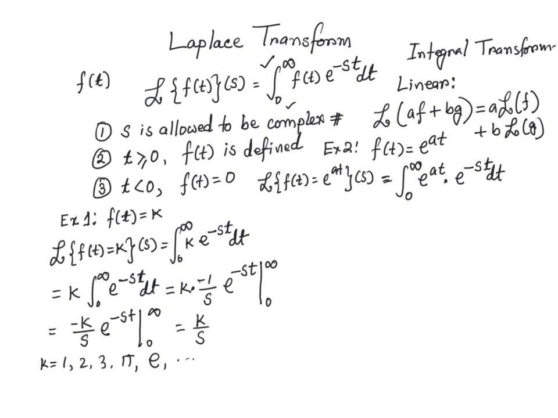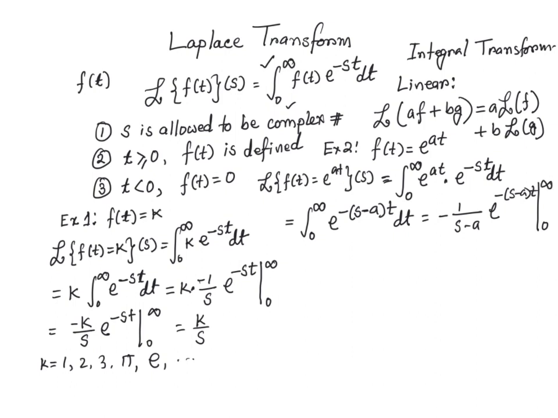You are integrating with respect to t. Now I'm going to combine things: the integral from 0 to infinity of e to the power at times e to the power negative st, which I can write as e to the power negative s minus a times t, dt. If I integrate it, it's negative 1 over s minus a times e to the power negative s minus a times t, evaluated from 0 to infinity.